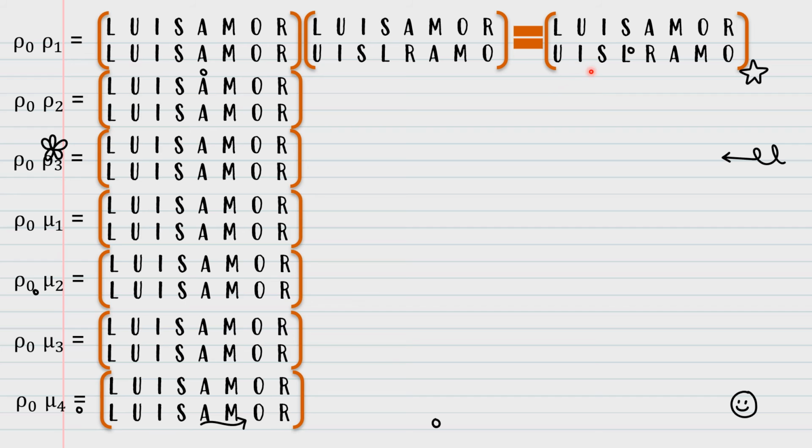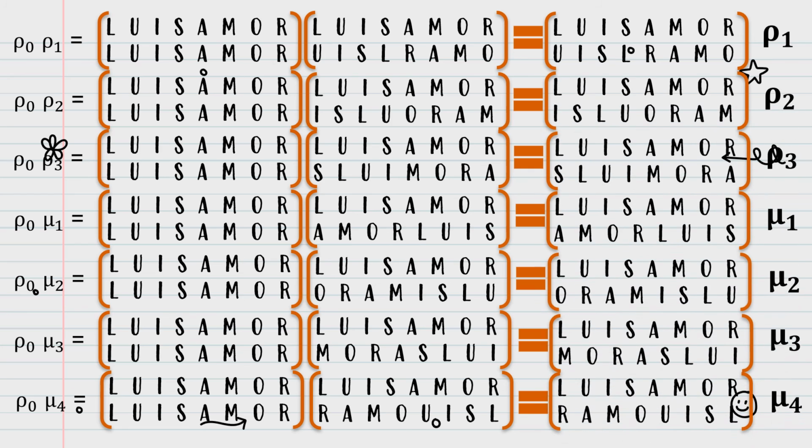Notice that the result is equivalent to rho sub 1, since we are multiplying the permutation by the original position, which seems to be the identity. Therefore, the answer will always be the multiplicand when the identity is the multiplier, and vice versa as well. And therefore, our answer for the following is also the multiplicand.